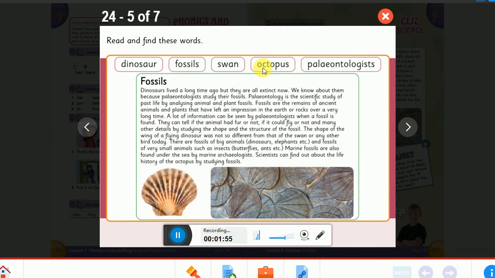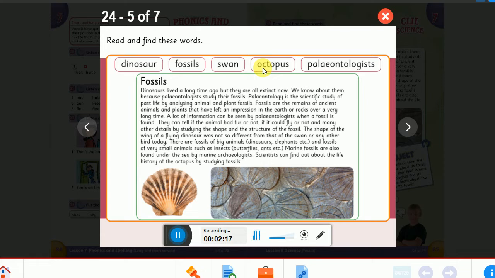Fossils. Dinosaurs lived a long time ago, but they are all extinct now. We know about them because paleontologists study their fossils. Paleontology is the scientific study of past life by analyzing animal and plant fossils.